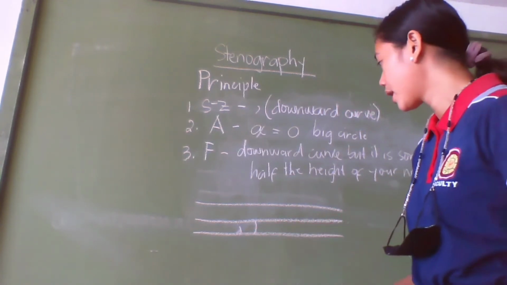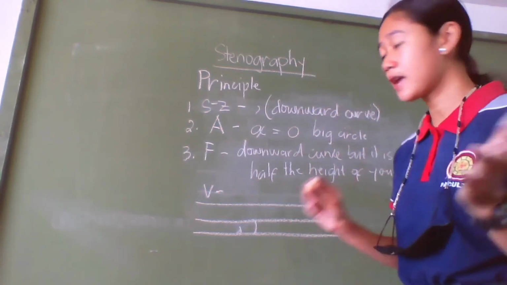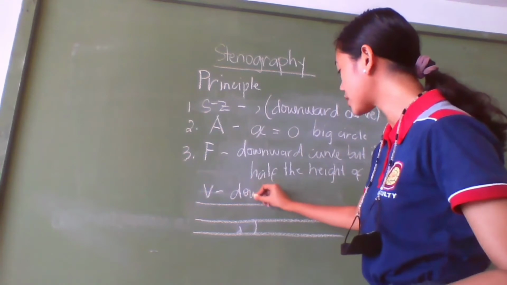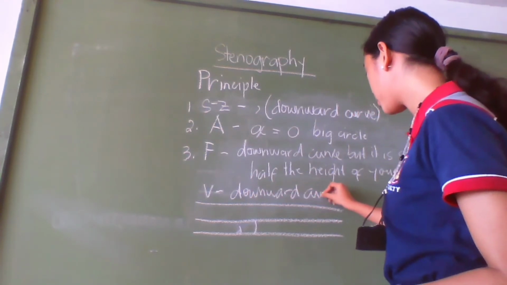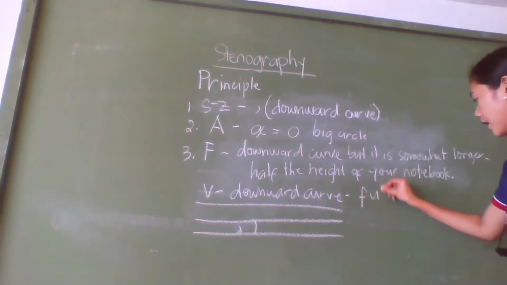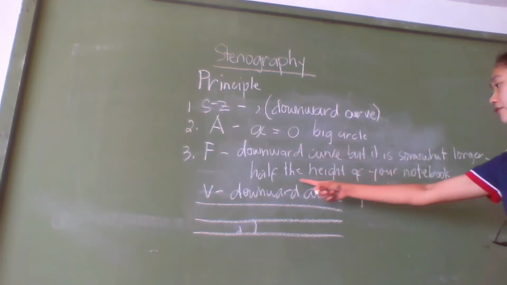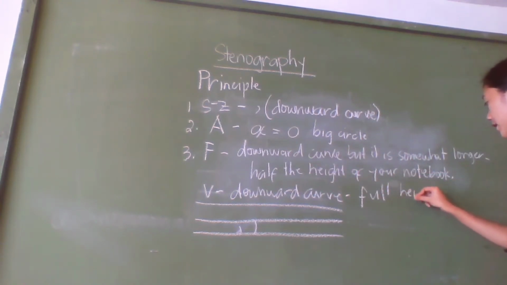Okay? And then, sa V naman, is same lang gihapon sila, downward curve lang gihapon. Pero, kani si V is full height na siya. Kung si F is half the height of your notebook, si V naman is full height na siya. Okay?